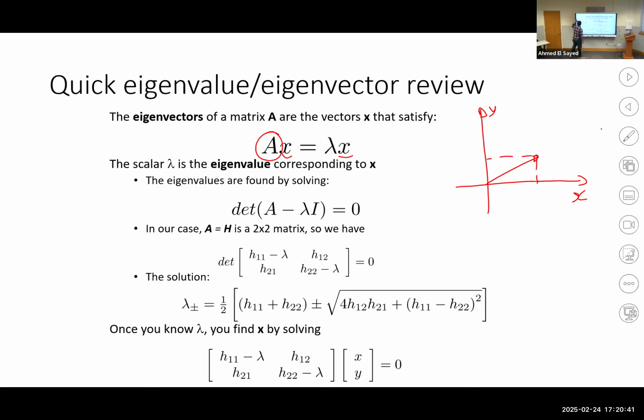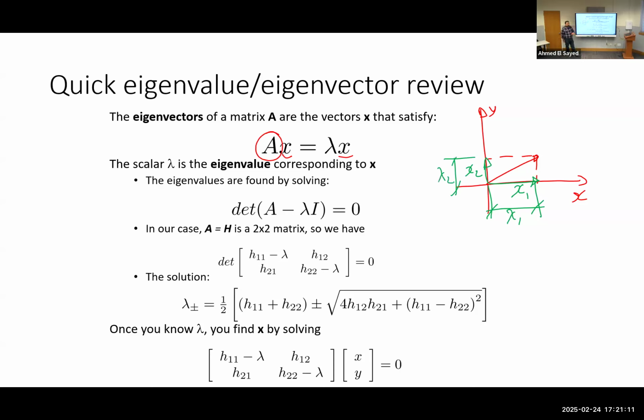The component in this direction I can consider as the first eigenvalue. The second one here I can consider as the second eigenvalue. The length of this one is lambda 1, because it corresponds to this vector. The length of the other is lambda 2, because it corresponds to that vector. So x1 and x2 can be considered as the unit vectors in the direction of projection.